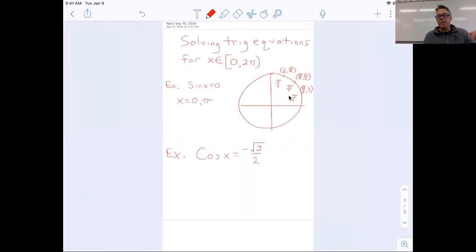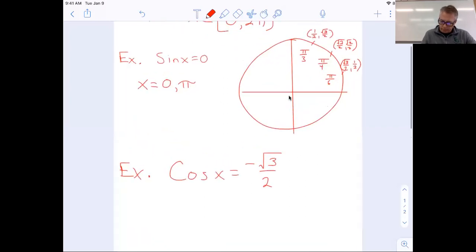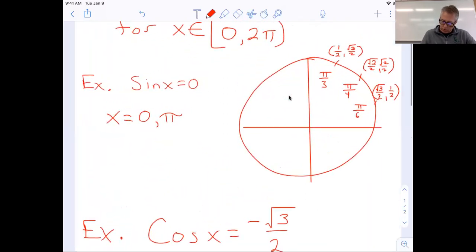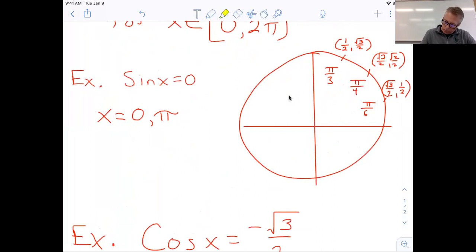So I'm trying to find the angle whose cosine is negative root 3 over 2. Well, I know the cosine is the x value. And so the x value is root 3 over 2 right here at pi over 6. But I want it to be negative root 3 over 2.